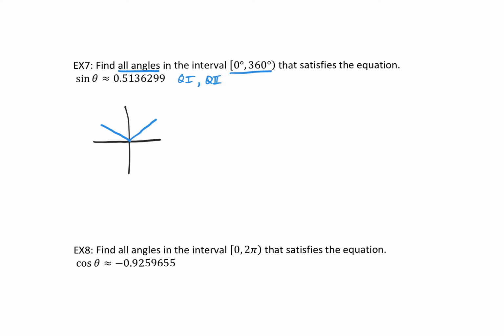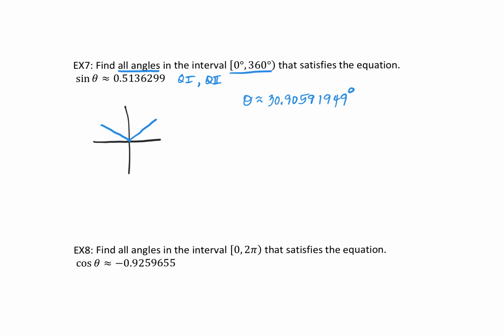So one thing I could do is put this in my calculator. Again, make sure that you're in degrees. So in my calculator, if I do the second sine and I put in the 0.5136299, I get a theta value that's approximately equal to, this is degrees now, 30.905919949.